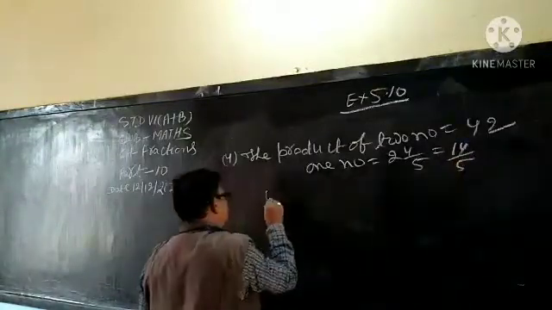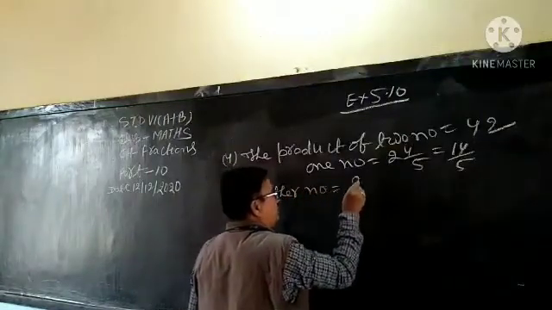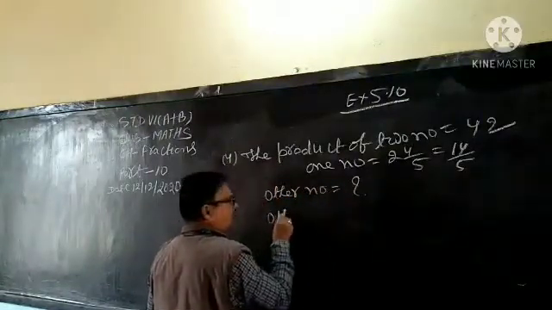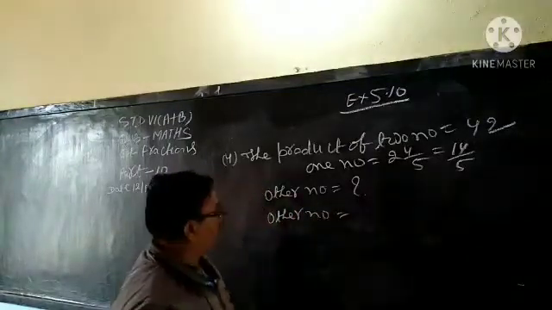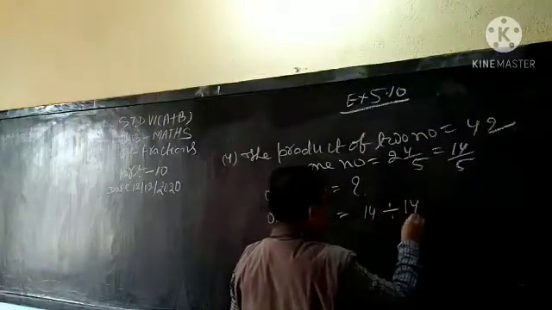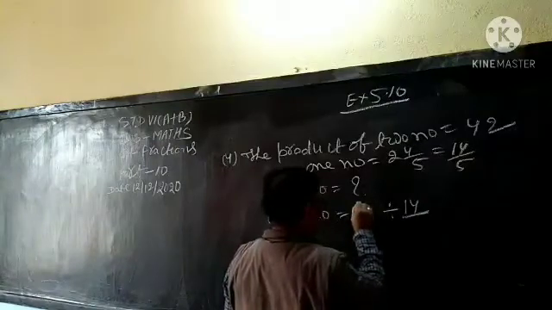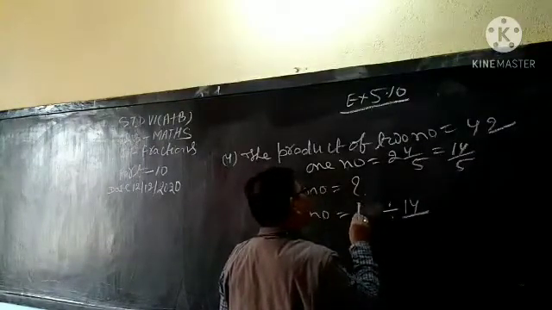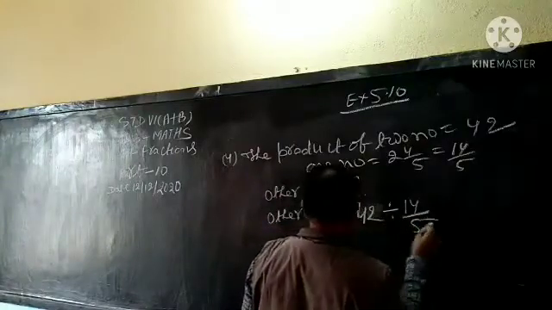The other number is what we are going to find. The other number is equal to what can you write, my dear student? 42 divided by 14 by 5.